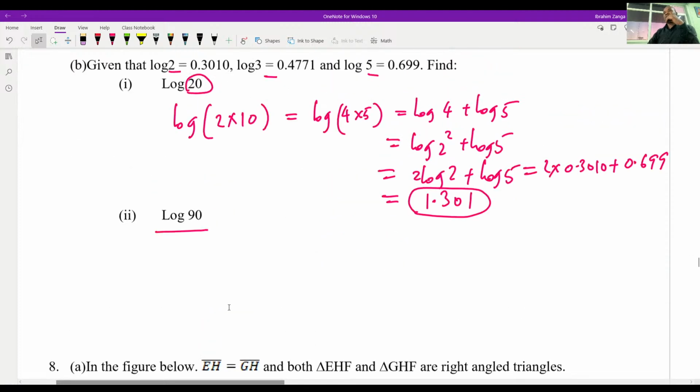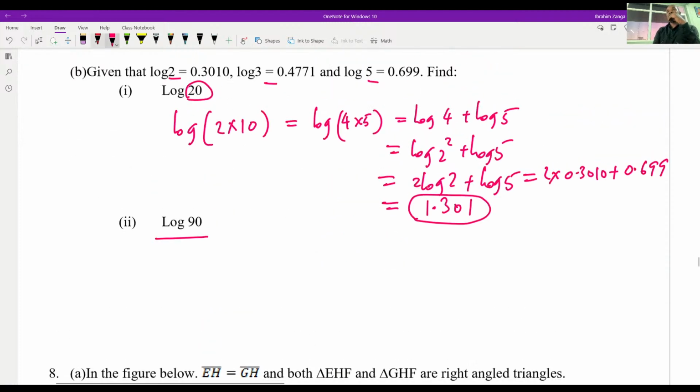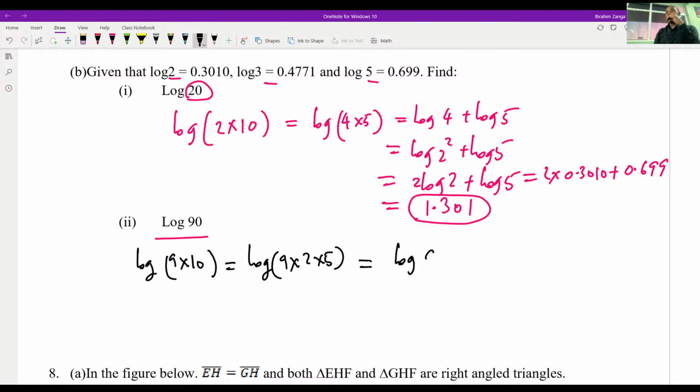We proceed with log 90. When we break down log 90 into factors of 2, 3, and 5, we can break it down further so that you have log of 9 times 2 times 5. And this can be expressed as log 9 plus log 2 plus log 5.